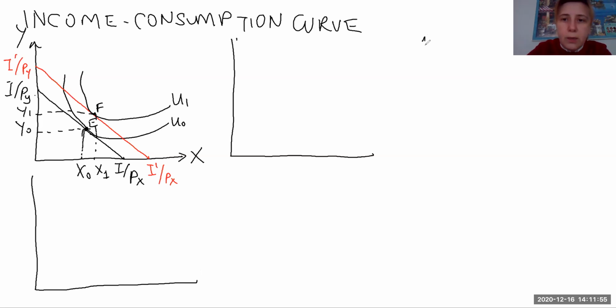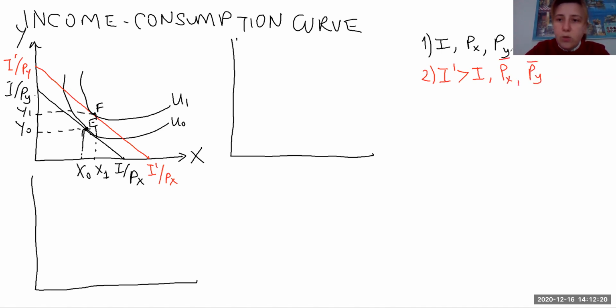Dolayısıyla şuraya tekrar taşıyalım. In the first step, we said that the income of the consumer is I, the price of X is PX, and the price of Y is PY. In the second step, we said that the income has increased to I prime, which is greater than the initial income, and there is no change in the prices.